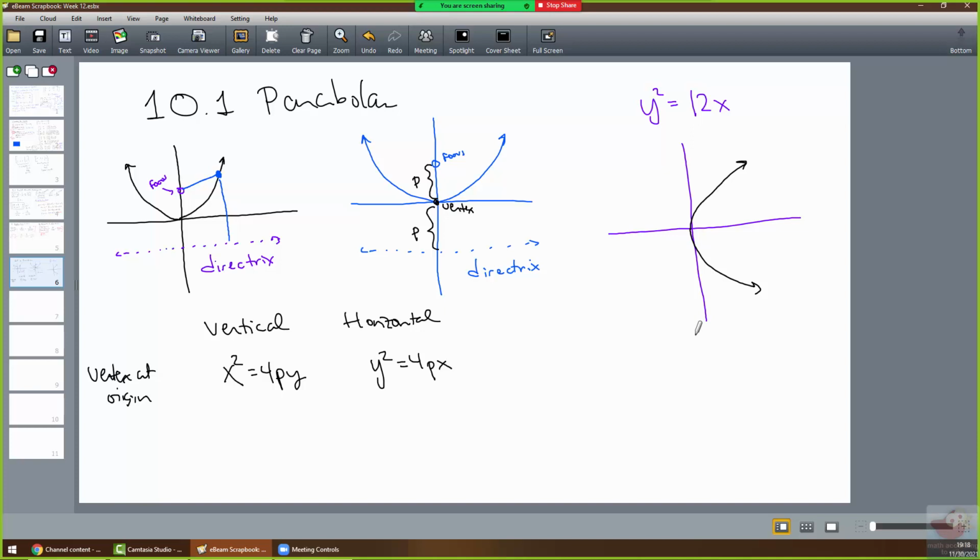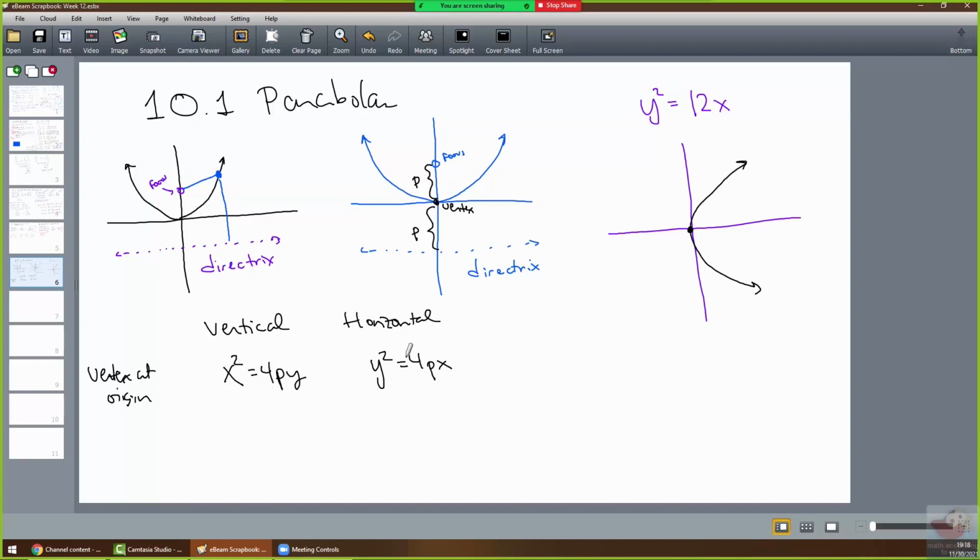P, regardless of how the parabola opens, is always the distance from the vertex to the focus. Our vertex is at the origin. The focus is always inside the parabola, and it's given by p units.